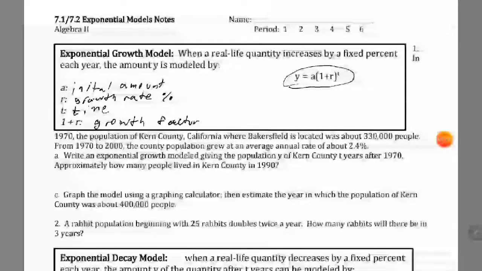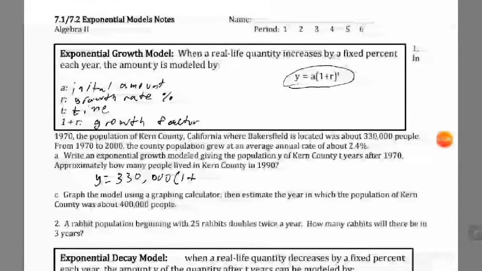Y equals our initial amount, which is 330,000 people, times our growth factor, which is 1 plus 2.4%. So remember, we don't use percentage in our calculation.